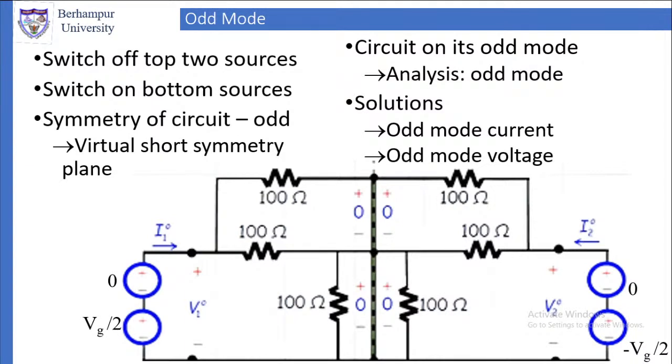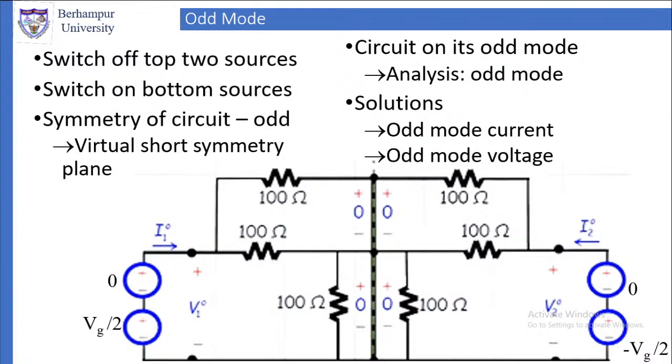At port 1 it is Vg by 2, at port 2 it is minus Vg by 2. So the port 2 source is exactly the same as the port 1 voltage, except opposite in sign. We have switched on the bottom sources and switched off the two top sources.